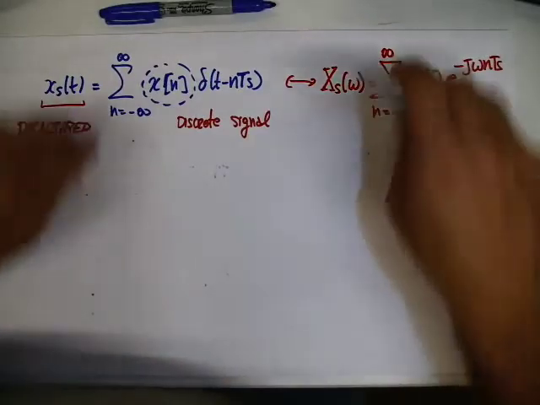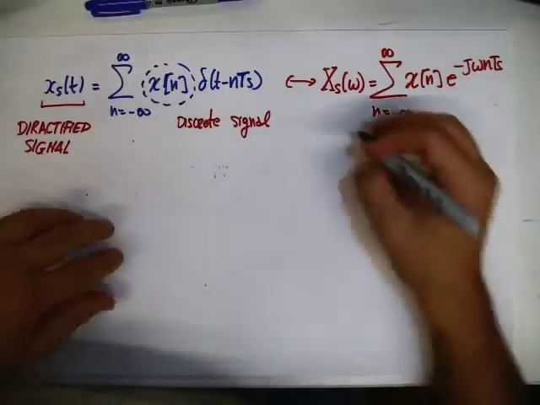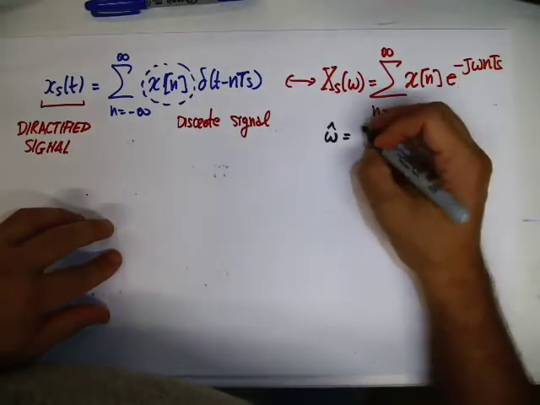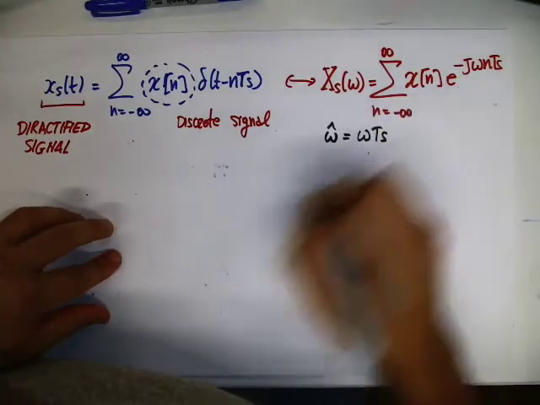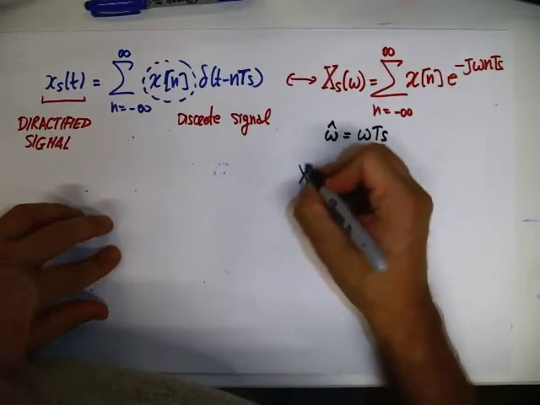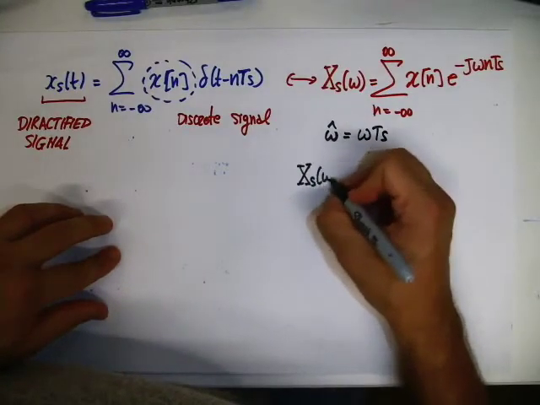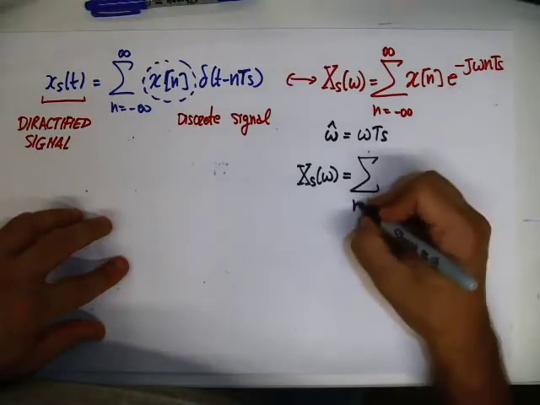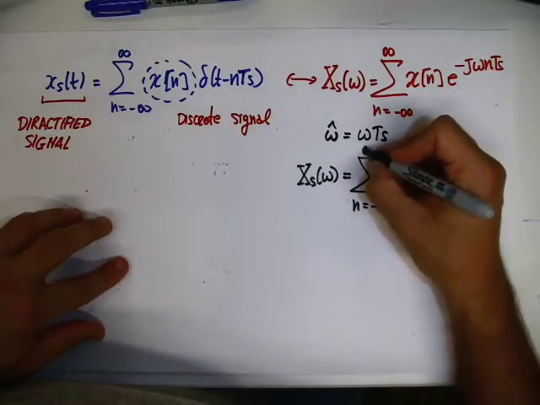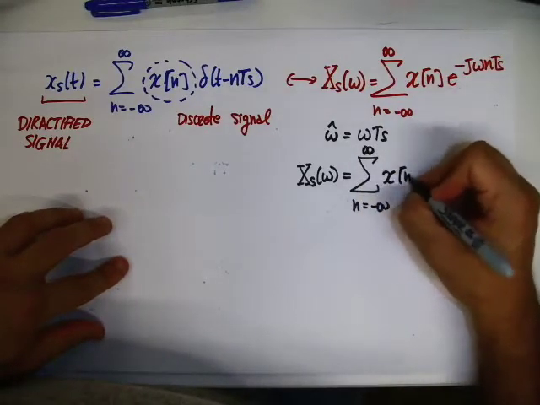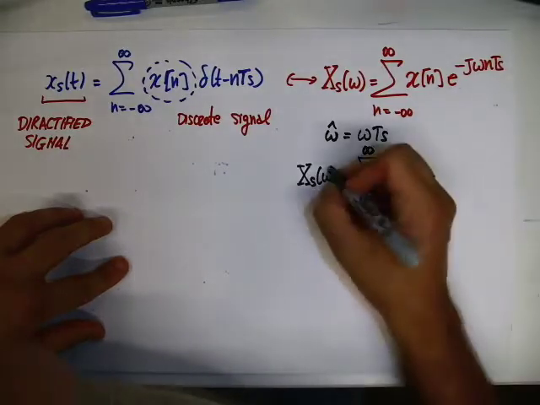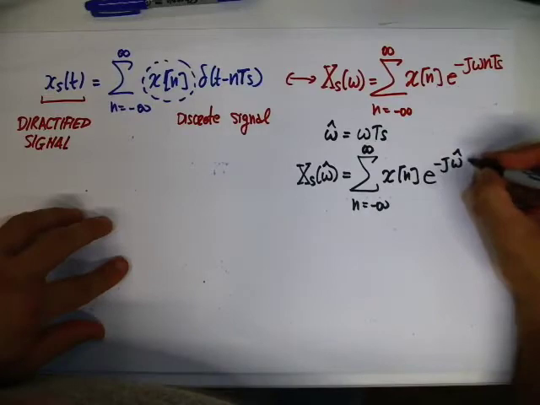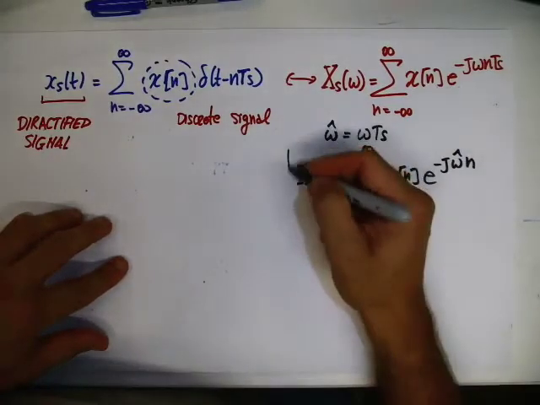which, if we define the cyclic frequency omega hat equal omega Ts, we get the definition of the discrete time Fourier transform.